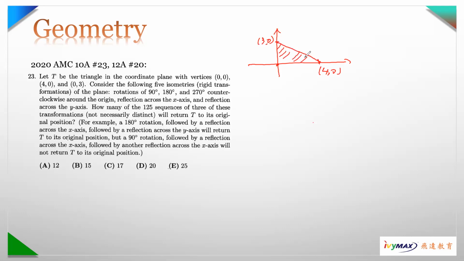Consider the following 5 types of transformations. The first type: rotate 90 degrees counterclockwise. The second: rotate 180 degrees counterclockwise. The third one: rotate 270 degrees counterclockwise about the origin.